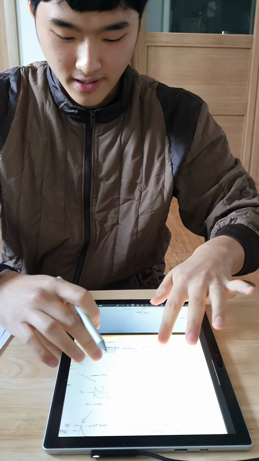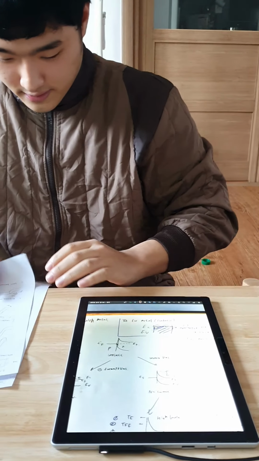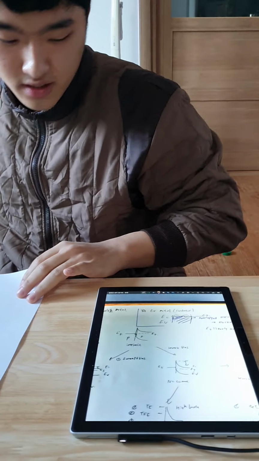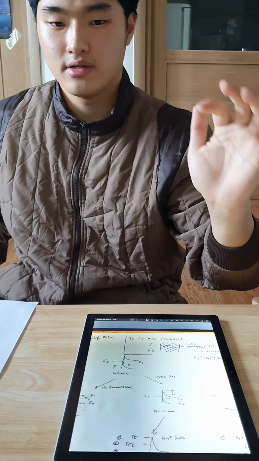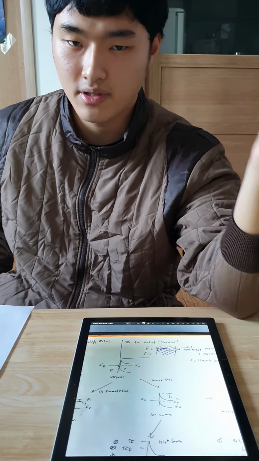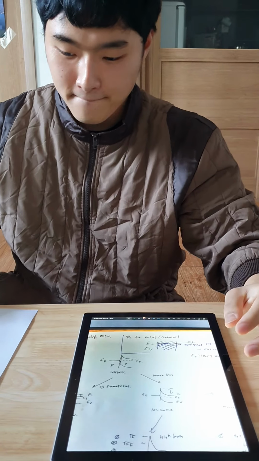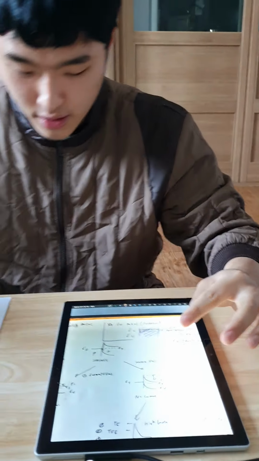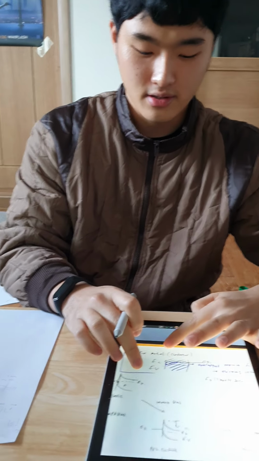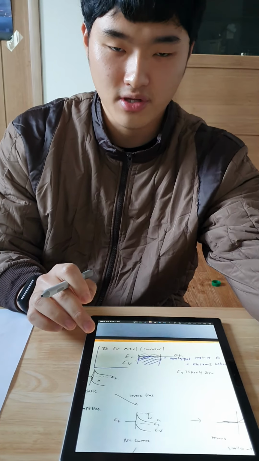Okay, then the third page. For this page, we are thinking about the conductor, I mean something like metal, aluminum or anything else, and its junction with N-type. We know metal has free electrons in itself.